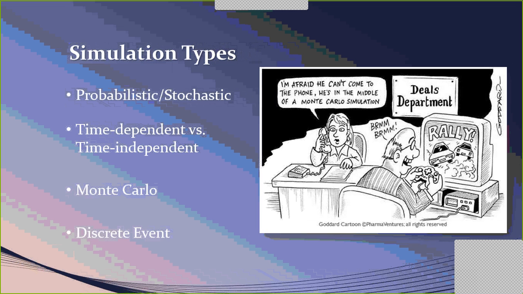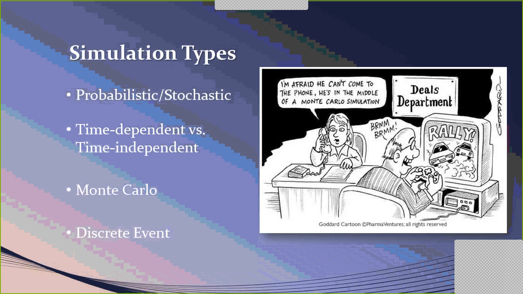As for simulation types, these are the most important ones, which start with probabilistic or stochastic, which means one or more of the independent variables are probabilistic, which follow probability distributions, either discrete with limited variables or events, or continuous distribution with unlimited events.